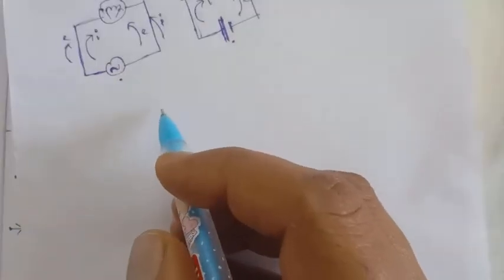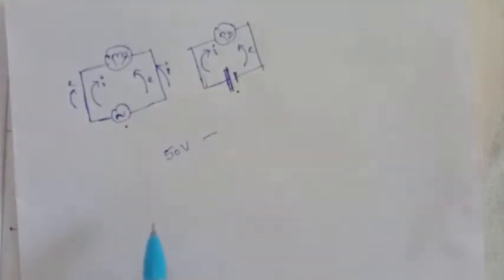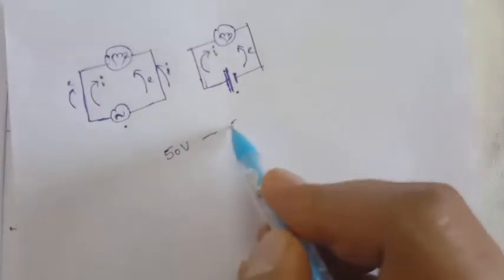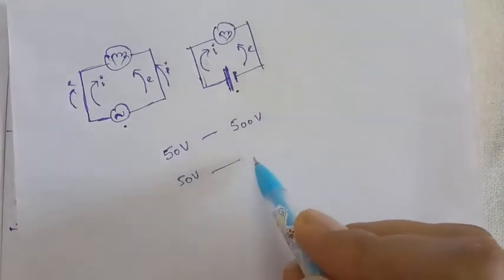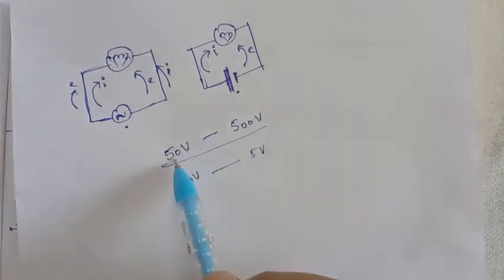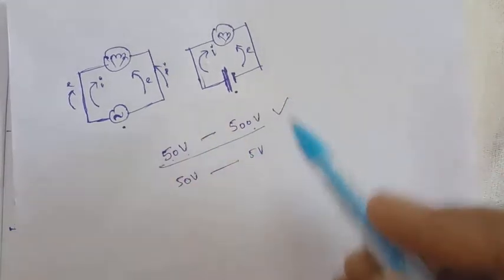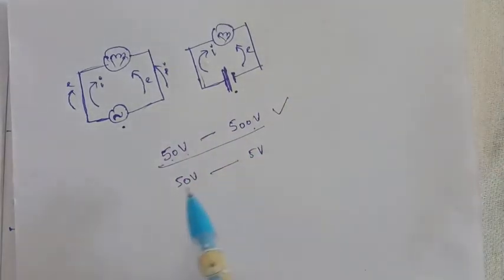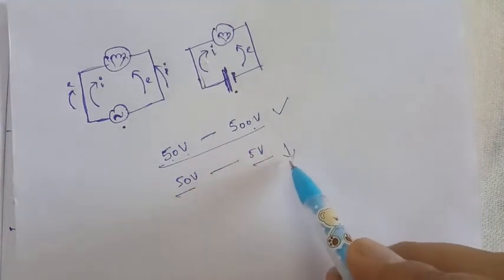It is very important. By using a transformer we can convert the voltage from low to high. If I give an input of 50 volts, it will be converted into 500 volts, or 50 volts will be converted into 5 volts. Increasing the voltage is called a step up transformer, and 50 volts to 5 volts is a step down transformer.